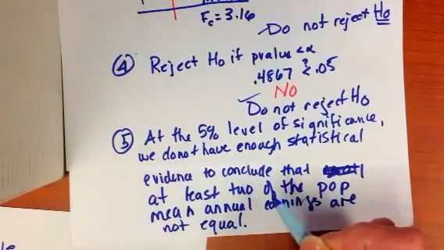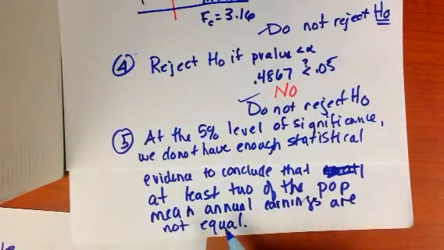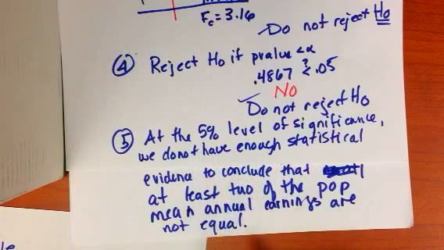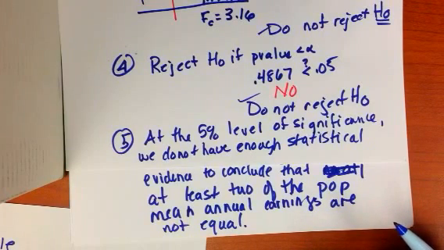On WebAssign, I think it would say insufficient evidence instead of not enough statistical evidence: insufficient evidence to conclude that the means are not all equal. We don't have enough evidence to conclude that one's different. Therefore, we have to assume that they're equal. So we would not reject the claim that they're the same. Make sense?